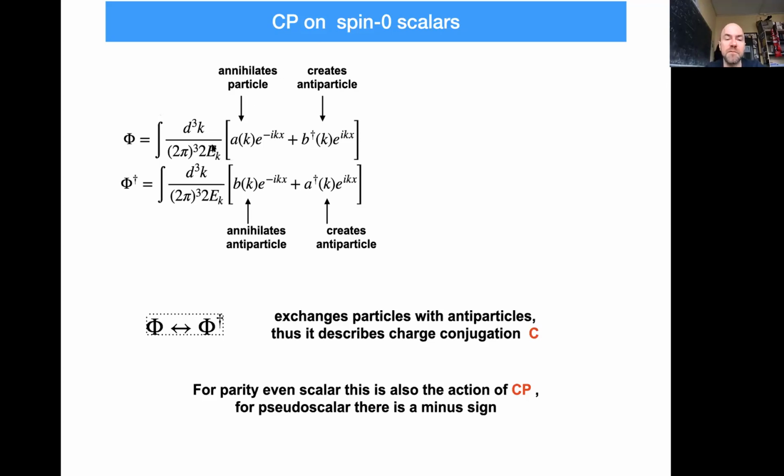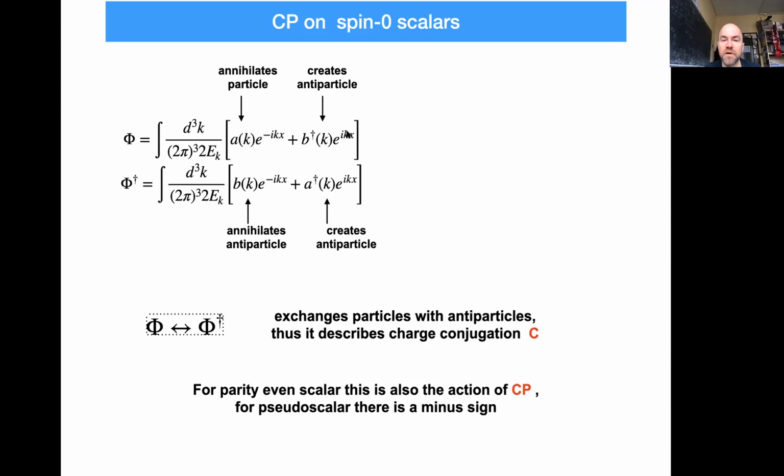And then if you write it in terms of the creation and annihilation operators, a complex scalar field will have this kind of expansion, where A is an operator that annihilates a particle, and B dagger is an operator that creates an antiparticle. If you take the conjugate of that, where the dagger means complex conjugate, sometimes I use star, sometimes dagger, sometimes bar for describing the operation of complex conjugation, then B dagger turns into B, and A turns into A dagger.